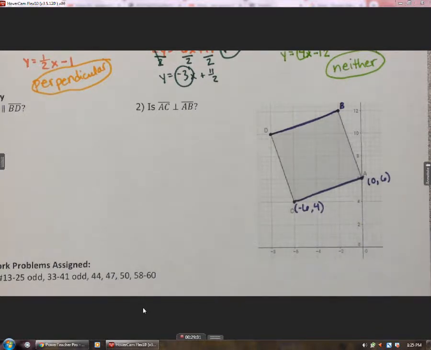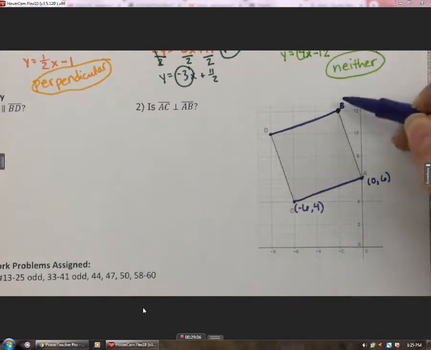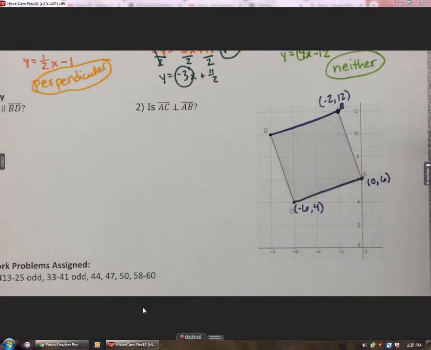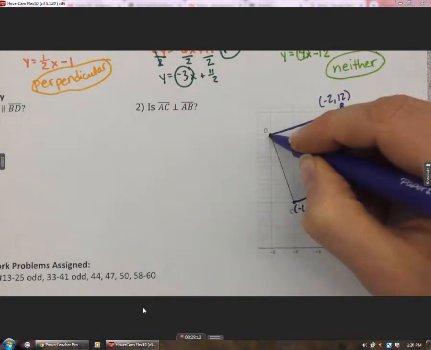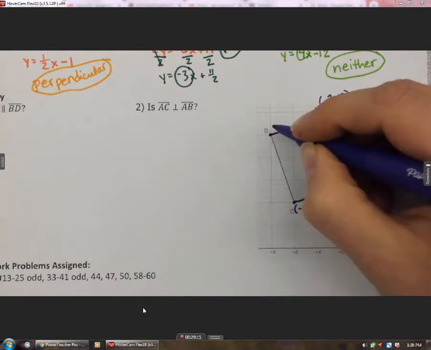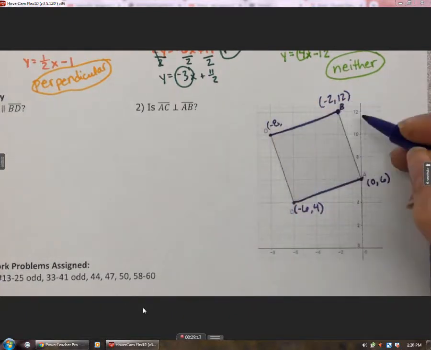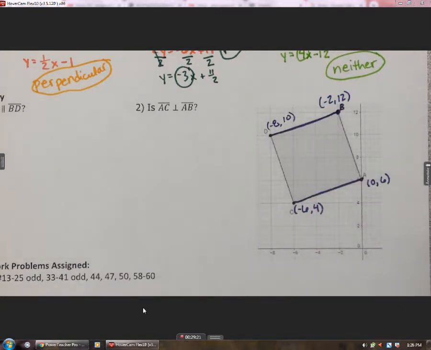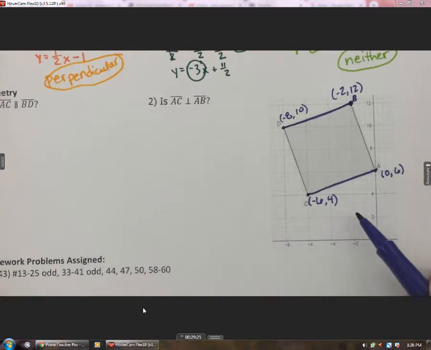Yes, I can. I'll show you in a second. Let's find the slope of this point right here. This point is the point -2 up 12. This point right here is the point -8 up 10. So I'm going to use these 2 points with my slope formula.